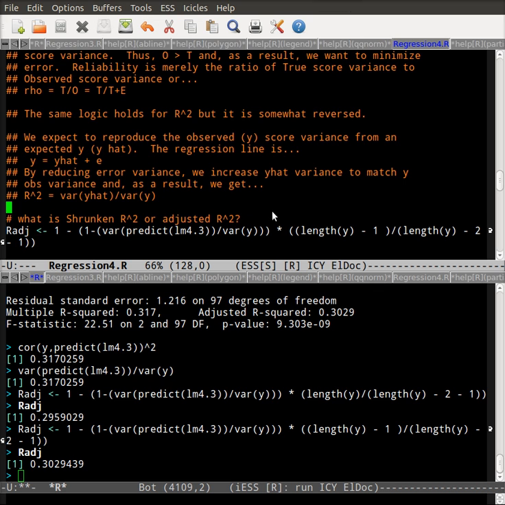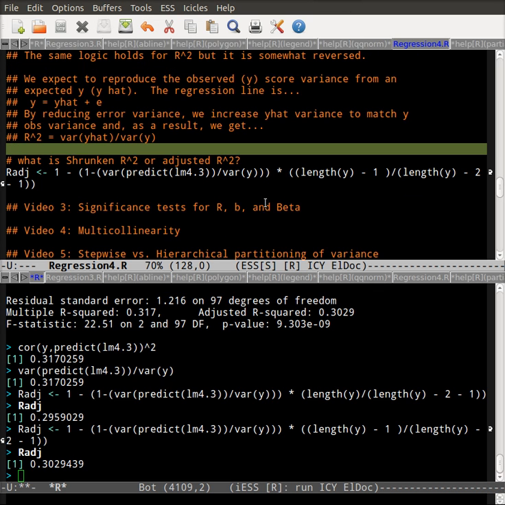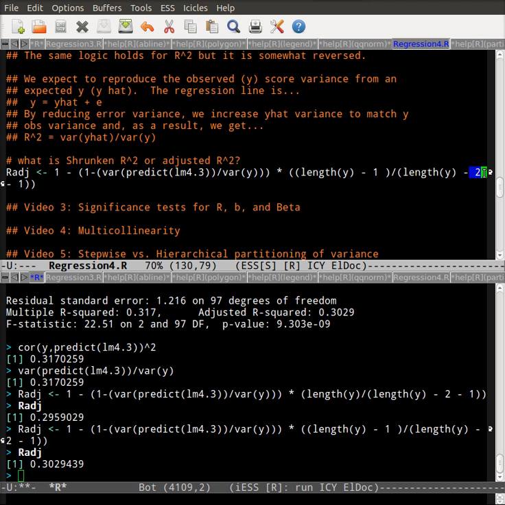Okay, so adjusted r squared is nothing more than adjusting the r squared to punish you for having too many predictors or small sample size. In this case, the number of predictors I have is 2, so that's why I've highlighted it here. And the sample size is just the length of my y variable. It's an easy way to find it.